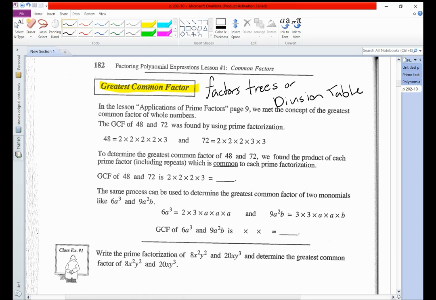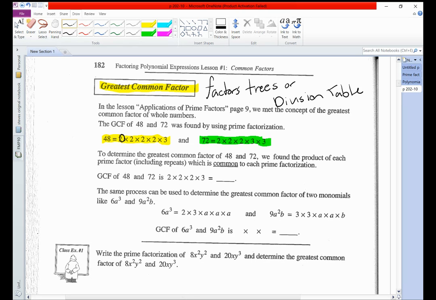If we are looking for the GCF of 48 and 72, we are going to use the prime factorization of 48, which is 2 times 2 times 2 times 2 times 3, and the prime factorization of 72, which is 2 times 2 times 2 times 3 times 3. You're going to figure out what they share, what's common.